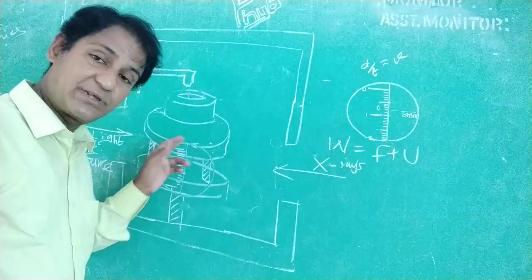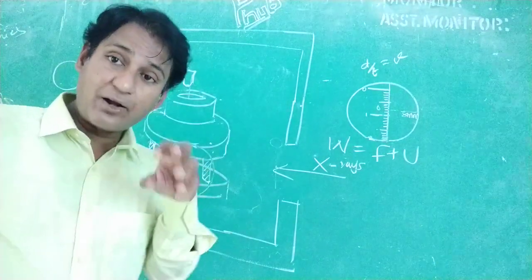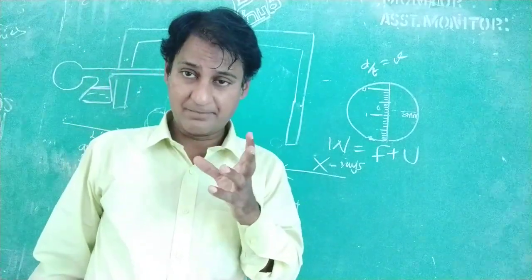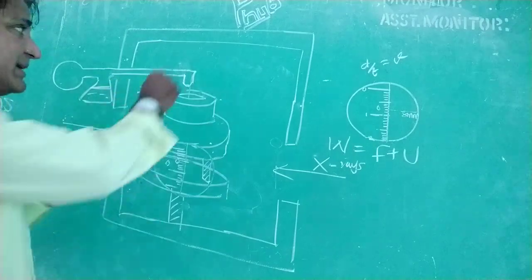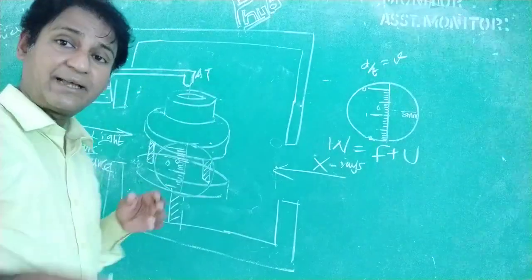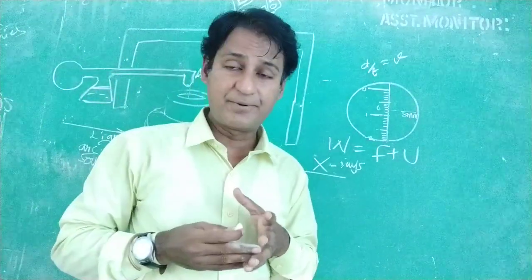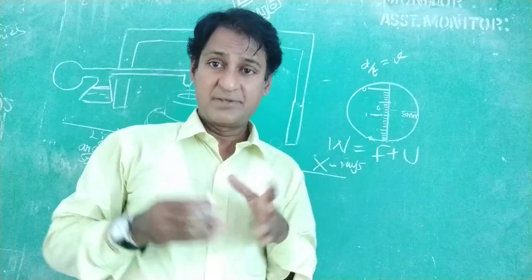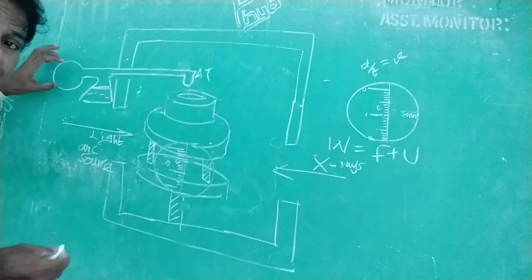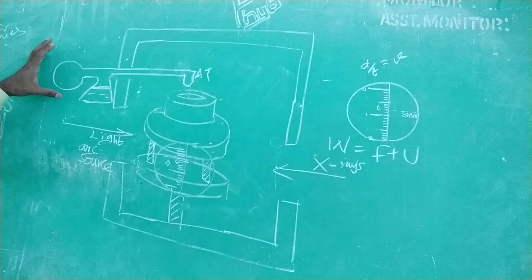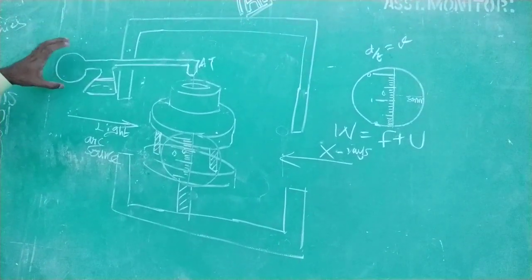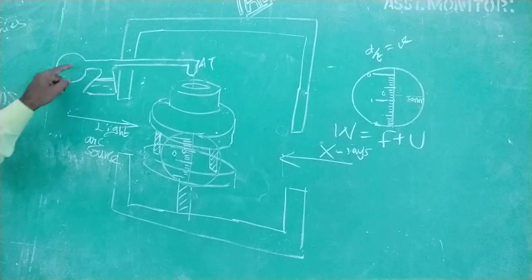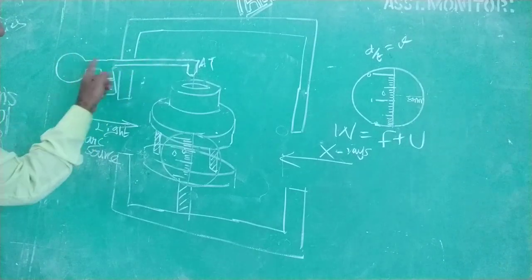air also possesses some viscosity, and whenever the droplet is sprayed from the atomizer, you know the atomizer works under the principle of Bernoulli's theorem. See, whenever this is pressed, what happens? The air inside this atomizer will come out with greater velocity.